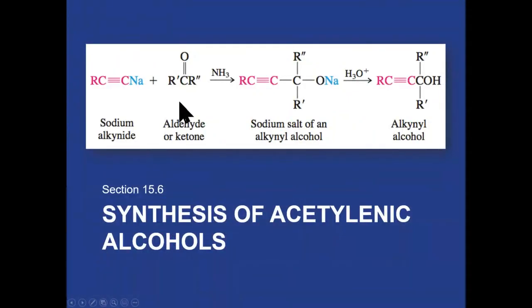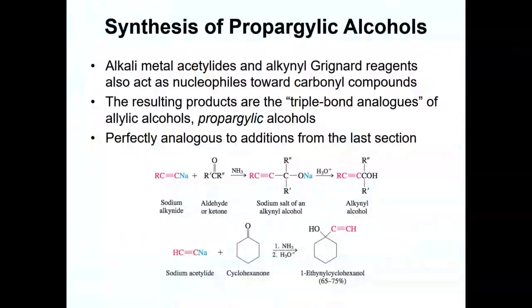This last example is how we use an organometallic compound of an alkyne to make an acetylenic alcohol, basically an alcohol with a carbon triple bond. You just take the carbonyl compound and react it with the conjugate base of a terminal alkyne.